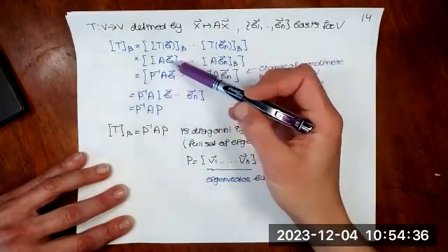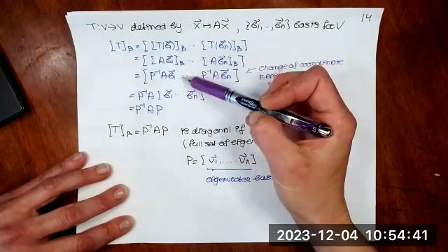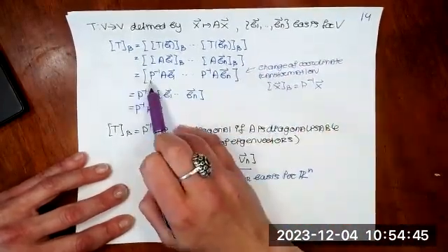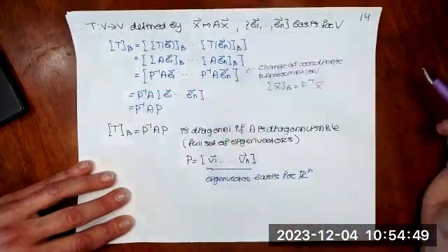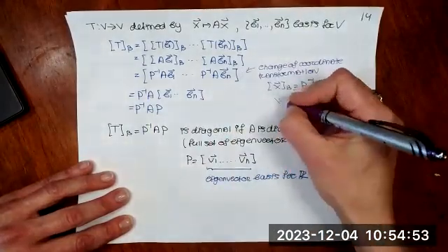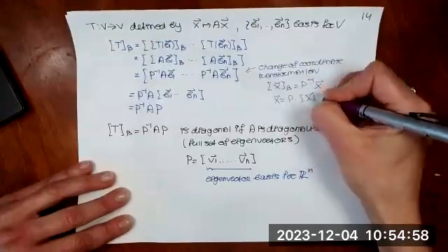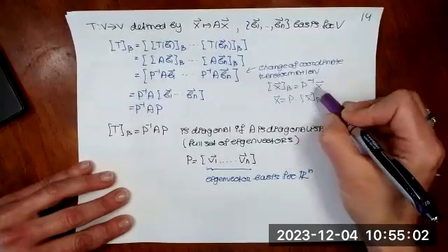And then next, I can replace taking the beta coordinates by multiplication by P inverse, where P is a matrix constructed with my basis vectors. That came from the coordinate transformation: my x was equal to P times x beta, so x beta is P inverse times x.